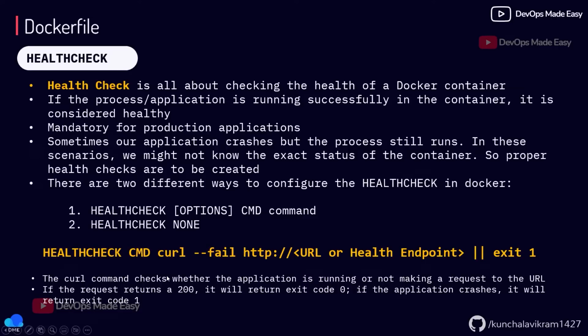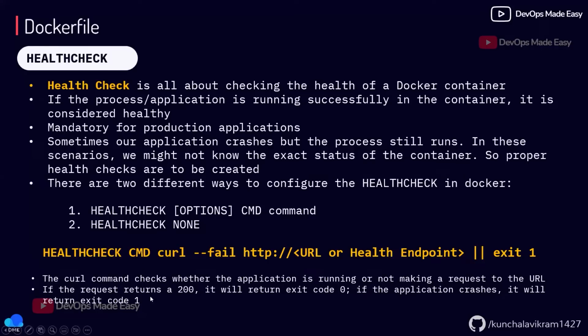For this, as a command I can use curl to ping my container endpoint and see whether curl is getting a response or not. If it is giving the response, that is fine. Otherwise it will simply throw a negative code. Okay, clear, guys?